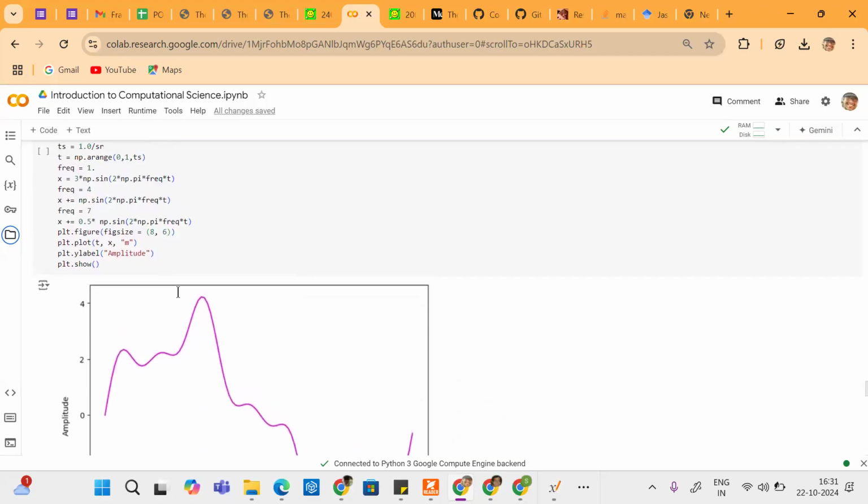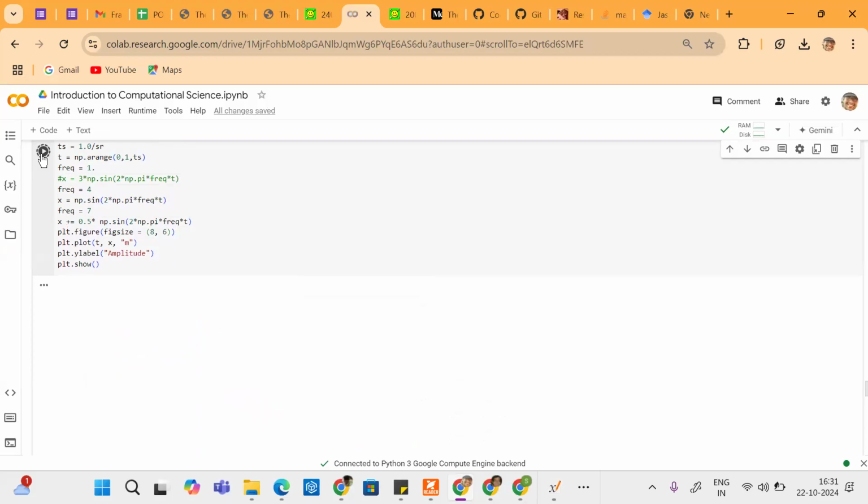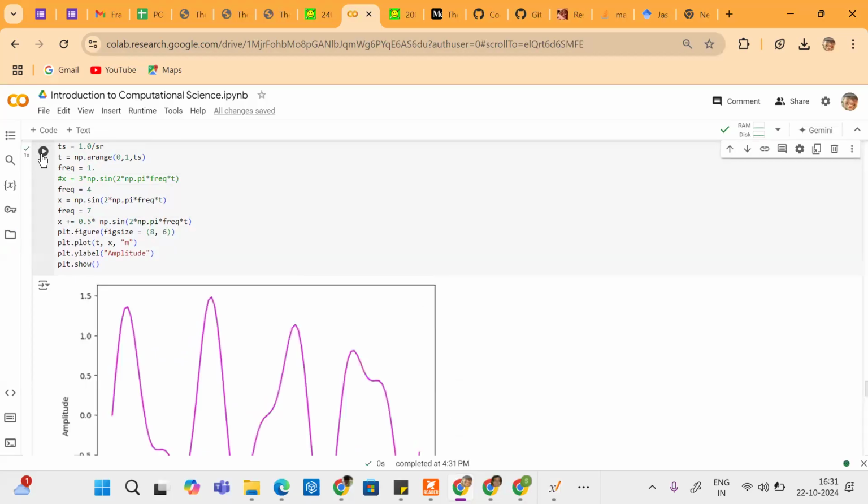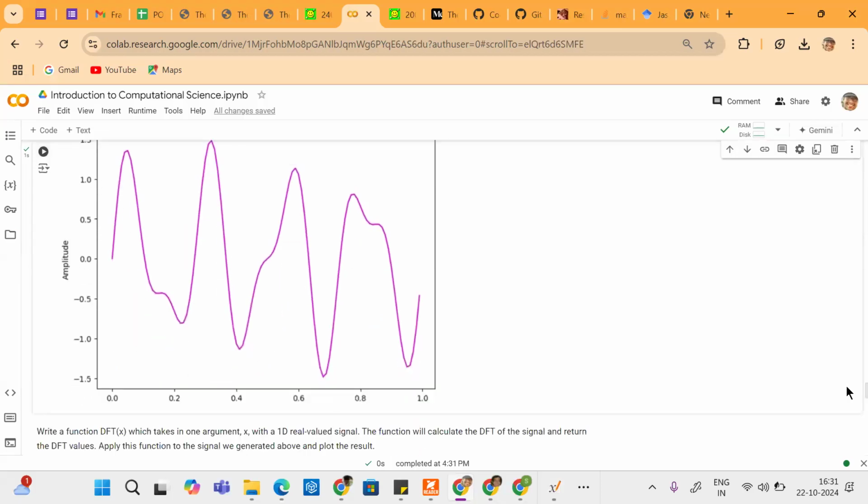Shall we remove this one? Yes, this one we should remove. You can see that now the whole wave structure changed.